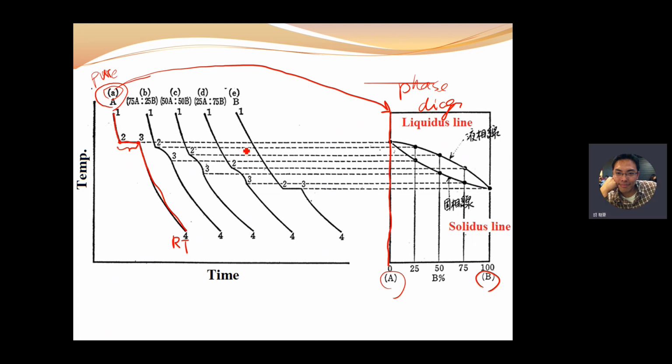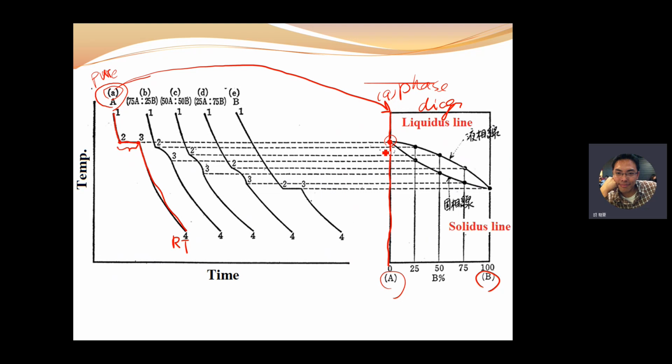Okay, and we can map the temperature for a phase transformation to this point. Right? So this vertical line means the A. Therefore we can say the melting temperature of element A we can find out at this point.